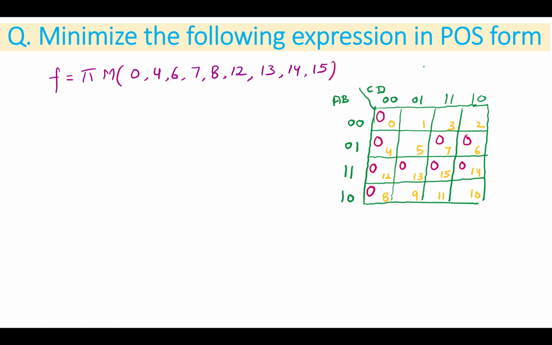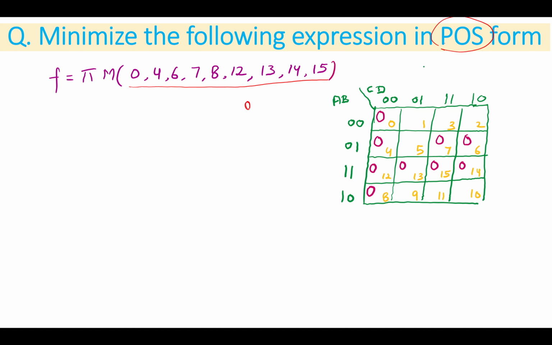Now in this question, I have given you: minimize the following expression in POS form. This time I have given you a max term, so all the max terms are to be represented by 0.